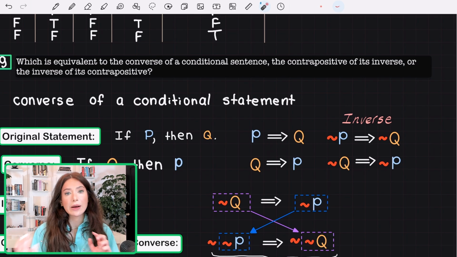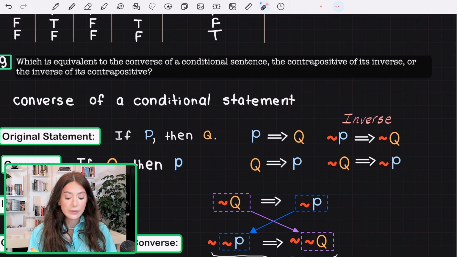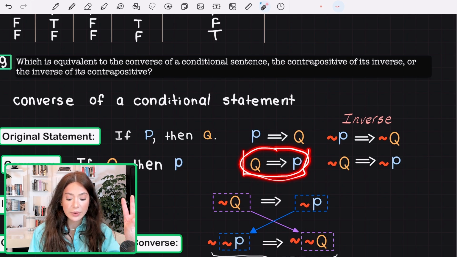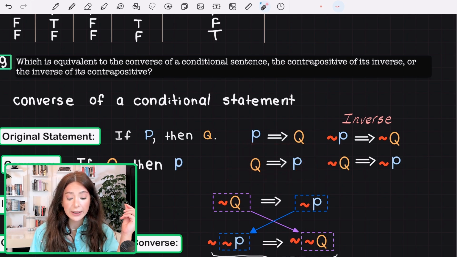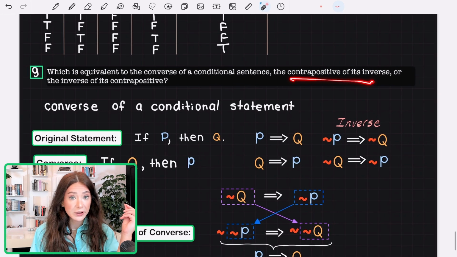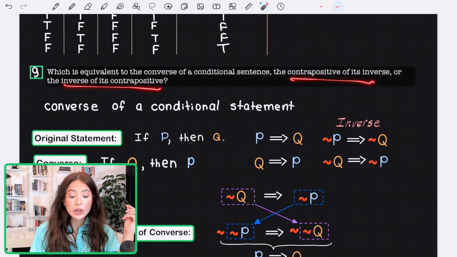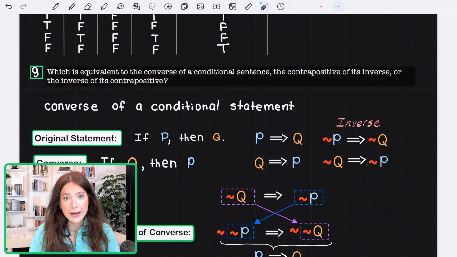So going backward, right? If Q then P. So they're asking you to compare two things to this right here. And what are the two things that you need to compare? The contrapositive of its inverse and the inverse of its contrapositive. So you generate these two and then you compare that to the converse and see if it's the same.